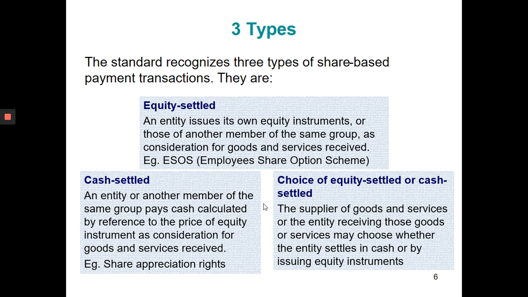So in the third type, the supplier, or those receiving the goods, let's say the supplier and the company, have the option to choose equity settle or cash settle. So if you identify that it is the third type, then the accounting treatment will be different.